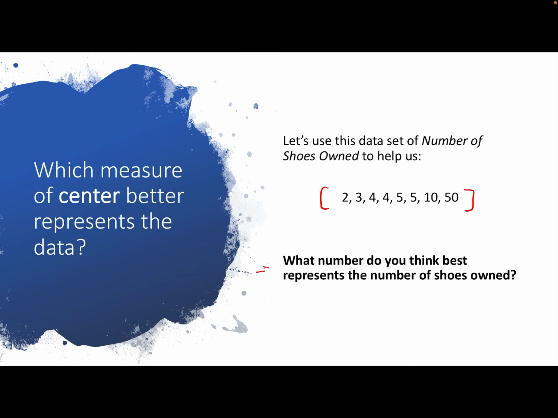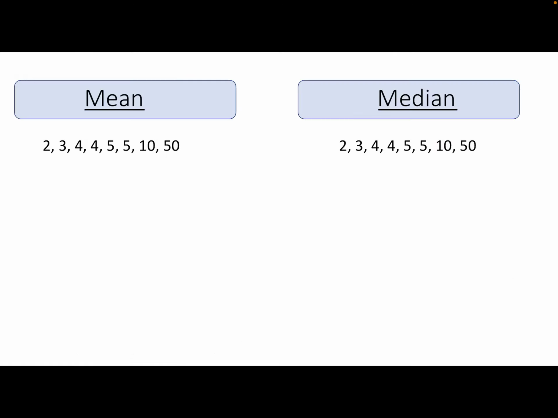Before we begin, I want you to consider, what number do you think best represents the number of shoes owned? So we are going to find the mean and the median for this data set so we can compare which one is more representative of the entire data set.